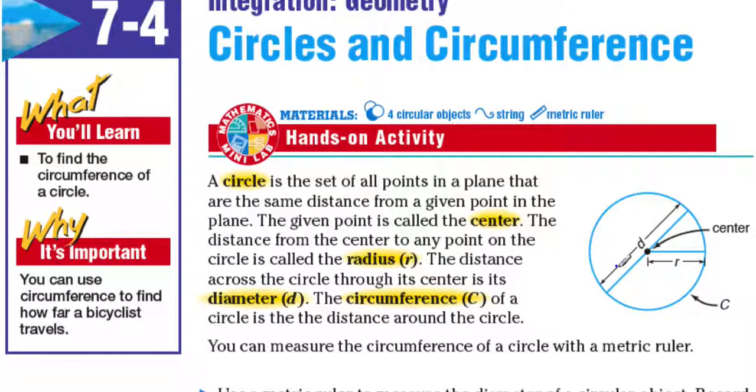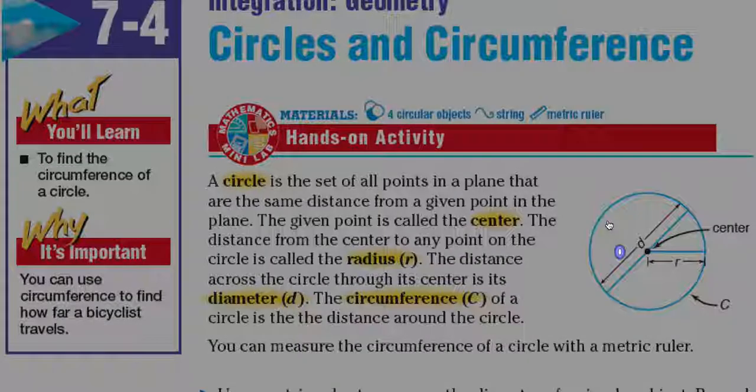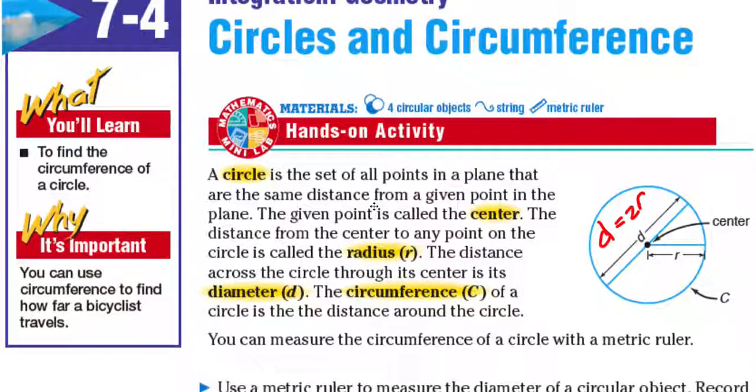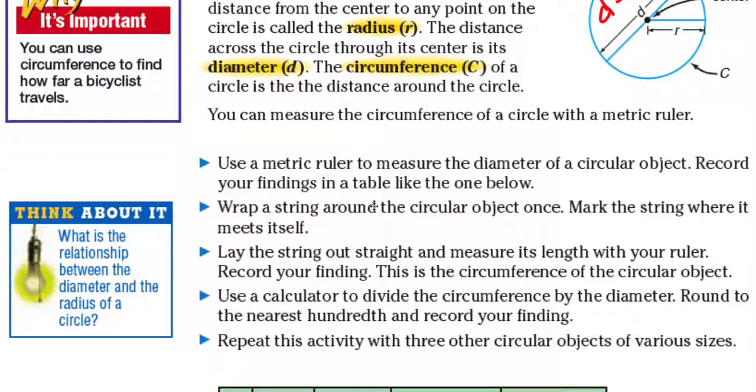So this is your radius, this is another radius, and the diameter is equal to twice the radius. Okay, so you can measure the circumference of a circle with a metric ruler.